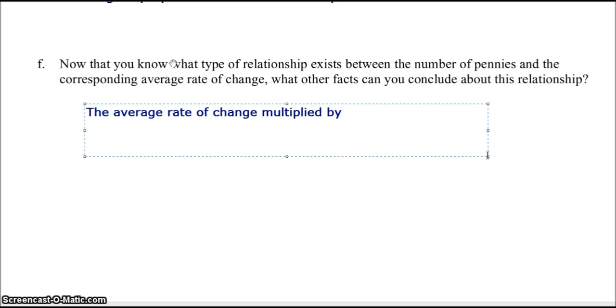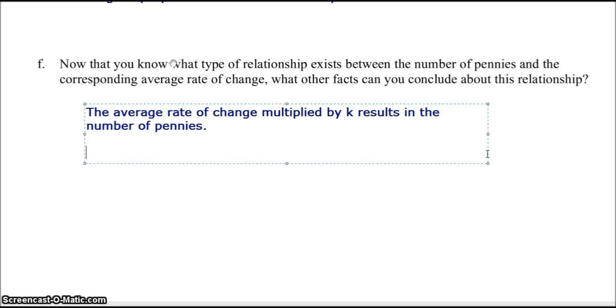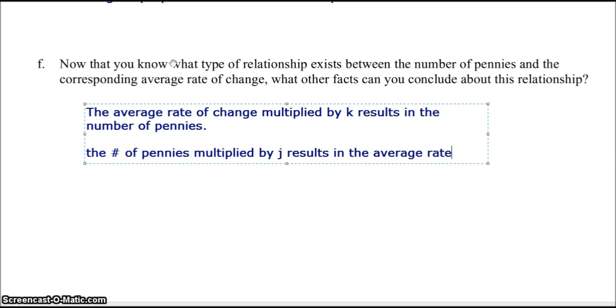In our case, the unit of increase was 2, so we multiply by 1.5, but in general it's going to be some number k. Really, we looked at it the other way: the number of pennies multiplied by 1.5, or j, results in the average rate of change.